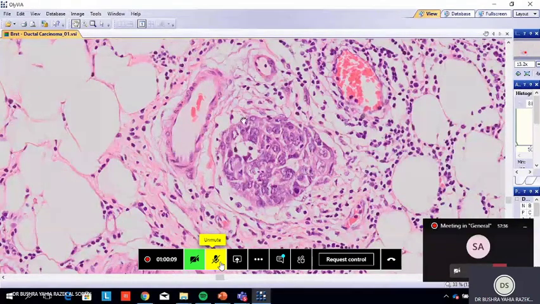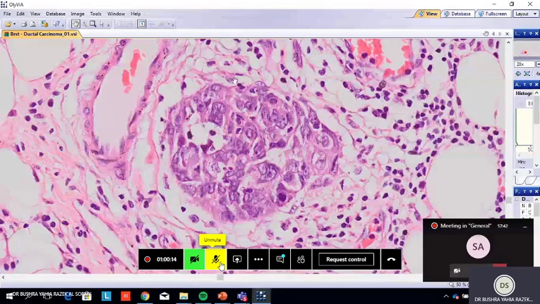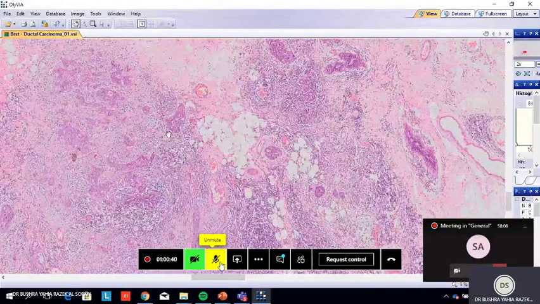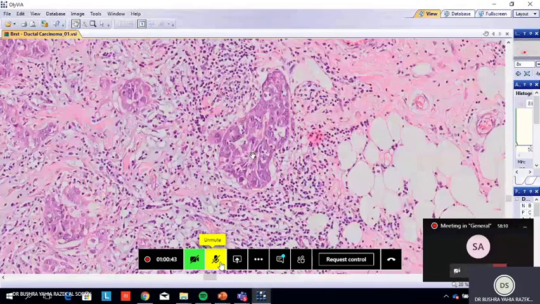This is a duct but filled with malignant cells, so this is a kind of carcinoma in situ. This duct is already filled with malignant cells but still not invading the surrounding. So the tumor actually arises from carcinoma in situ, then with time it invades. This is also a duct filled with it, but it is irregular and started to invade the surrounding tissue.